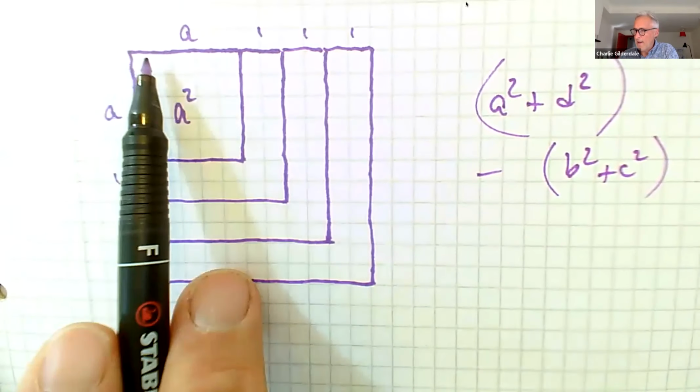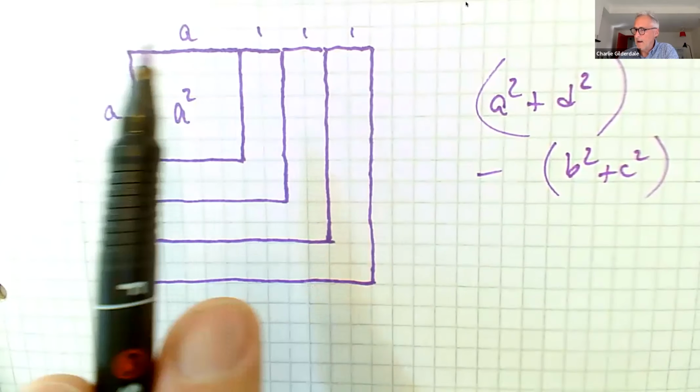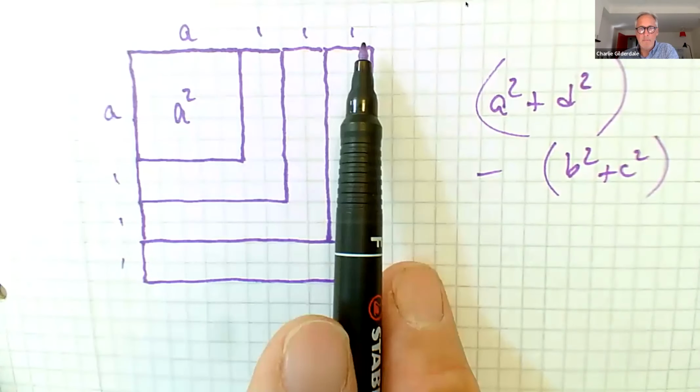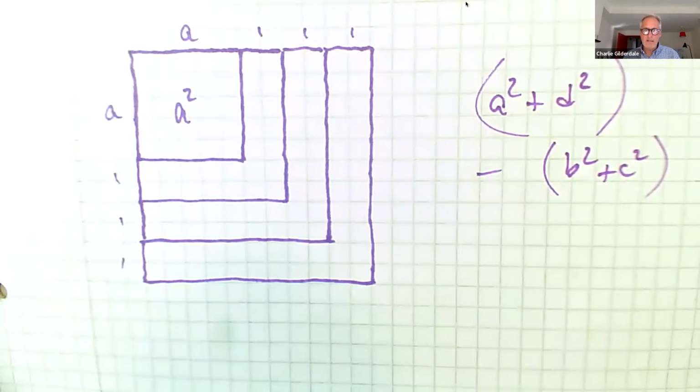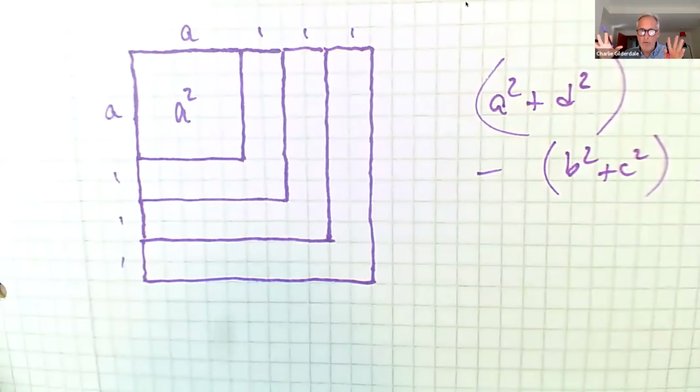So a plus 1 is b, a plus 2 is c, a plus 3 is d. We've got a square there, and the whole square is d squared.